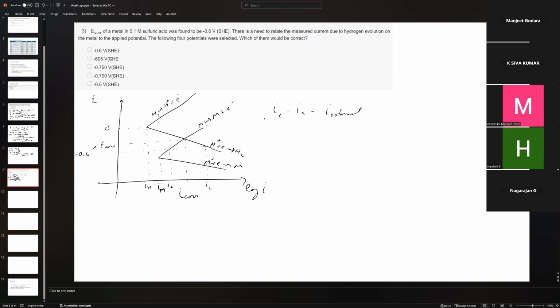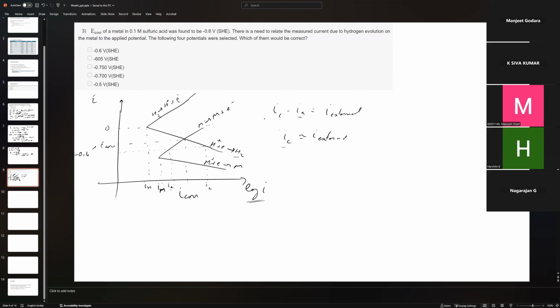Remember this is a log scale, so the difference between these two values would be a log. If the gap is large enough, we can say the anodic value is too small compared to this, so I cathodic would be approximately equal to I external. This would be our current for hydrogen evolution, so it's preferable to go down.